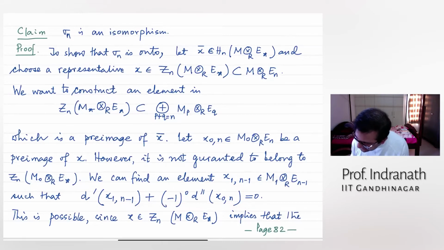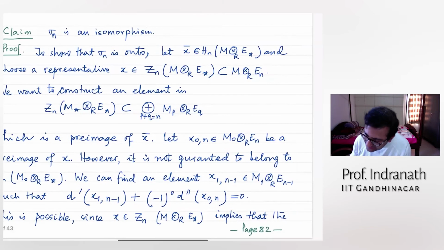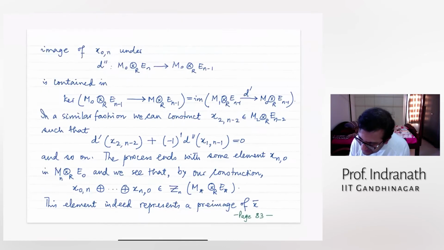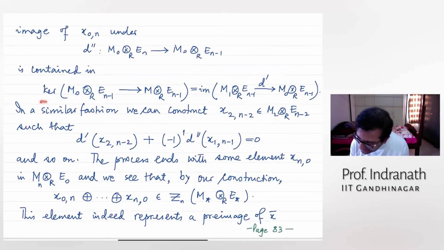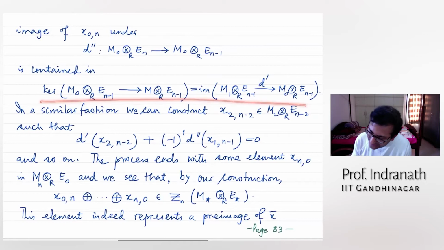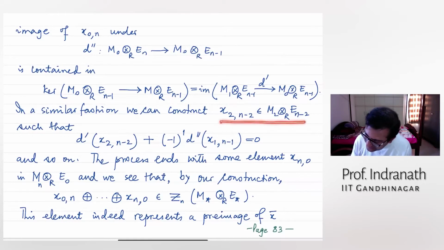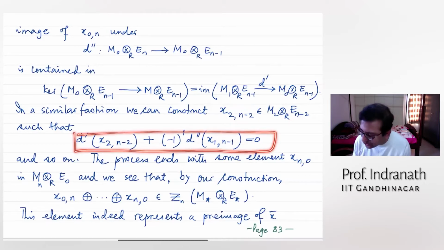Again this is possible because this implies that the image under this is contained in this. Once again you have the exactness out here, and then again you choose an element here such that this is true, which is again the kernel condition, and so on.